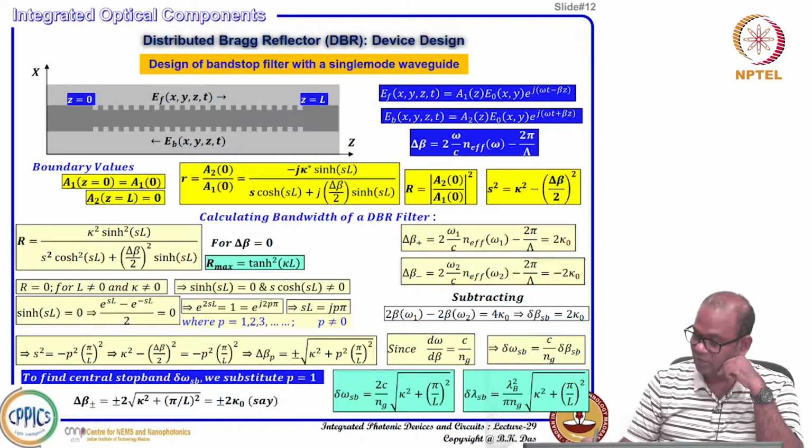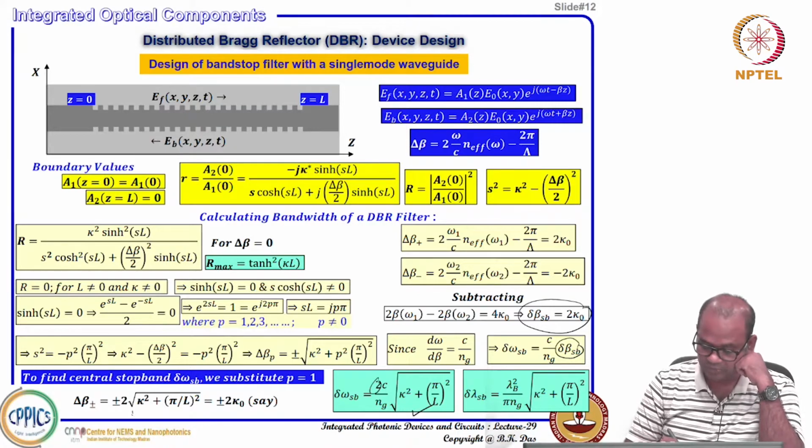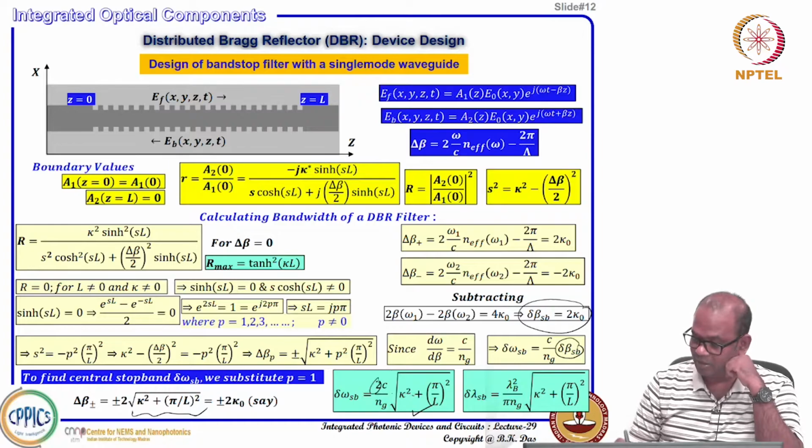So, delta beta s b is nothing but 2 kappa naught. So, I write c by 2 n g, 2 is there, and kappa naught expression is this one. Okay. So, 2 kappa naught c by n g, the delta beta expression I have written here.